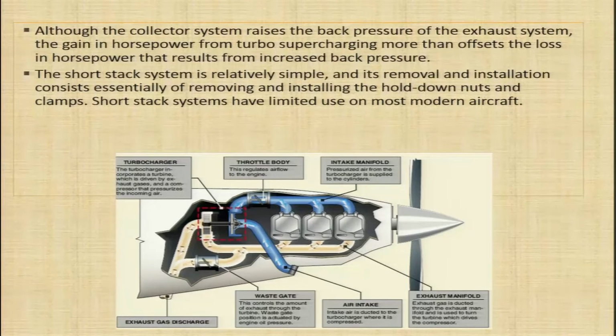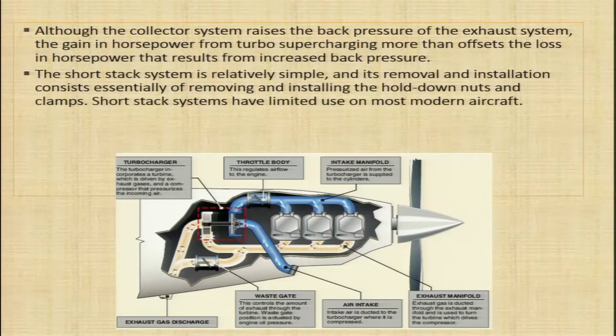Although the collector system raises the back pressure of the exhaust system, the gain in horsepower from turbo supercharging more than offsets the loss in horsepower that results from increased back pressure. This is one disadvantage of the collector system.